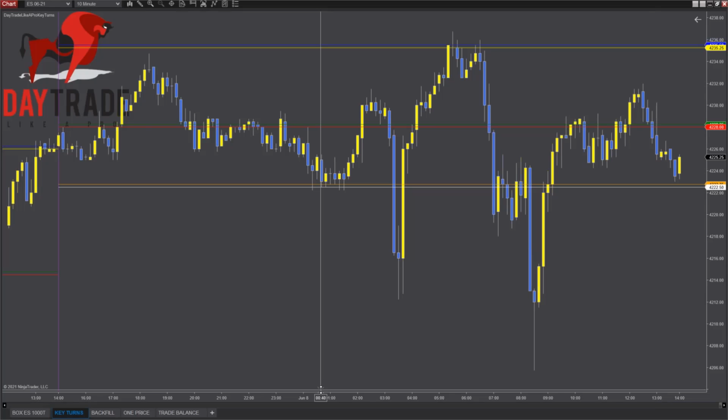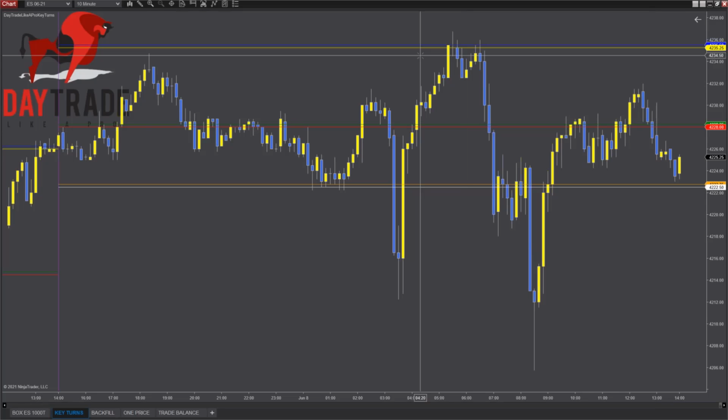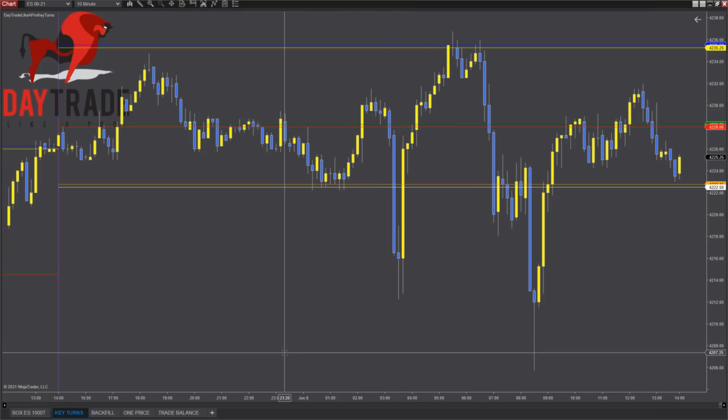A lot of traders, especially in the beginning, don't know whether they should be buying or should be selling. And with key turns, I don't have the old version, which was the DOP, which you have to have loaded on a daily chart. It's still available, and you can use it. I've even had people ask me about it, and I just tell them, don't worry about it. It's so open to interpretation.